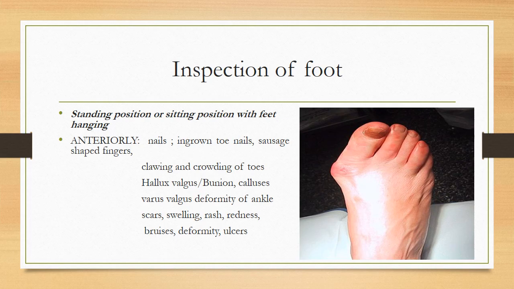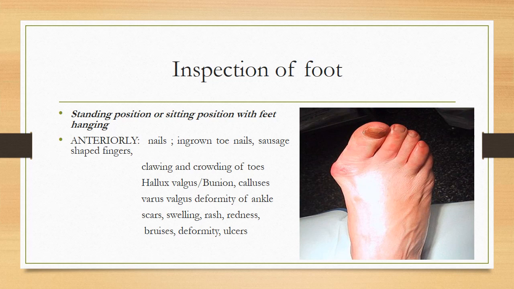You'll comment on the general hygiene of the nails, if there are any ingrown toenails, any sausage-shaped toes, if there is any clawing and crowding of toes, which is seen in rheumatoid arthritis, if there is any hallux valgus or bunion, if there are any calluses, if there is any varus or valgus deformity of the ankle, if there are any scars, swelling, rash, redness, bruises, deformity, or musculoskeletal wasting. So there is a mnemonic SSRRBDM. This stands for scars, swelling, rash, redness, bruises, deformity, and musculoskeletal wasting.